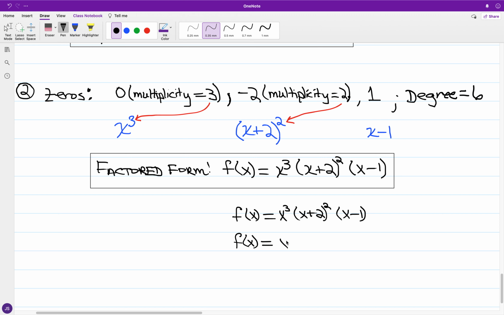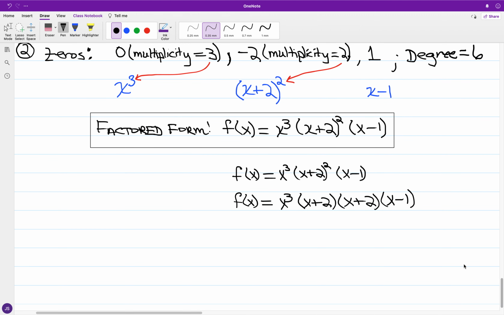So we say we have x cubed times x plus 2 times x plus 2 times x minus 1. There are various ways you can follow through on this. What I'm going to do is a little bit of clustering. I'm just going to multiply the first two sets here, x cubed times x plus 2.